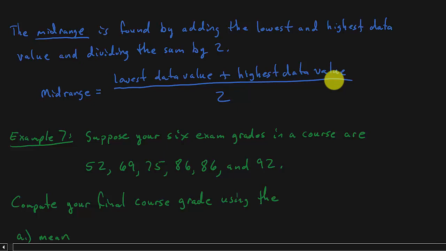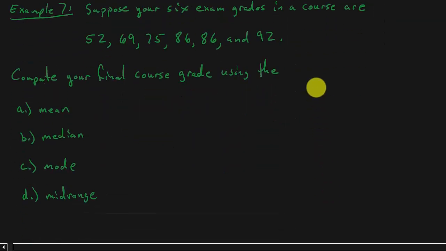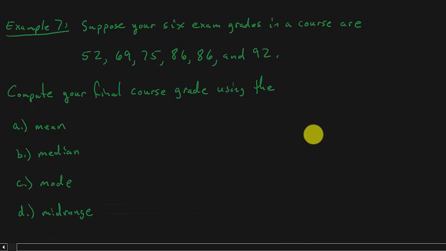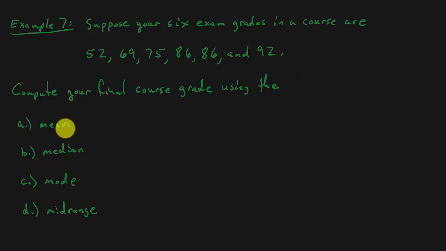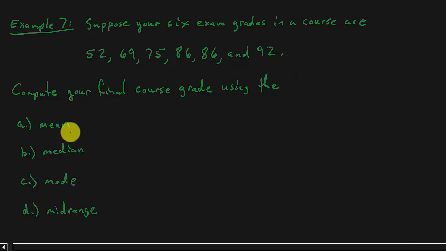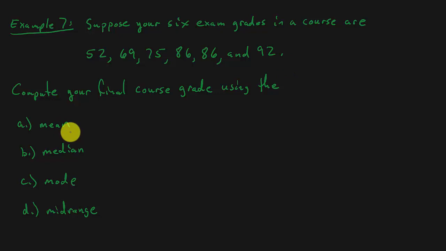Okay? So let's look at this example here. Suppose your 6 exam grades in a course are this, that's your exam grades. Compute your final course grade using, all right, so look at this. Normally, when you get your course grades, what does the teacher do? Adds them all up, divide by however many scores there are, right?